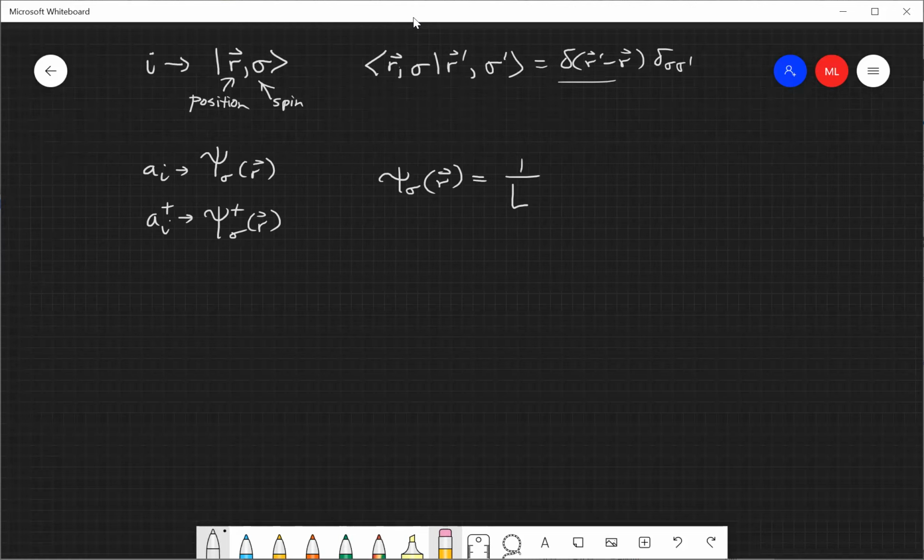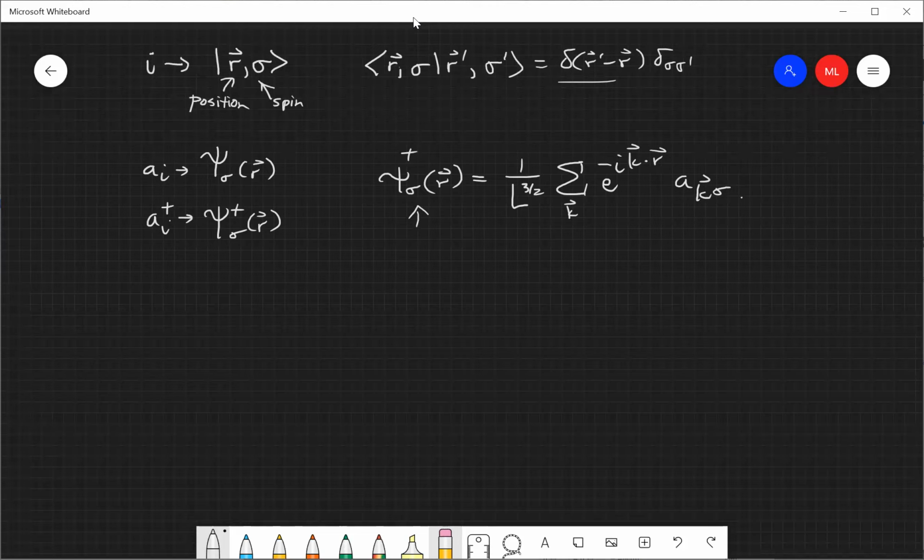In that case, the creation annihilation operators corresponding to particles with fixed position or momentum are just related by our friend the Fourier series, which is e to the i k dot r a_k sigma, right? So this is an operator, and let's put daggers on them.